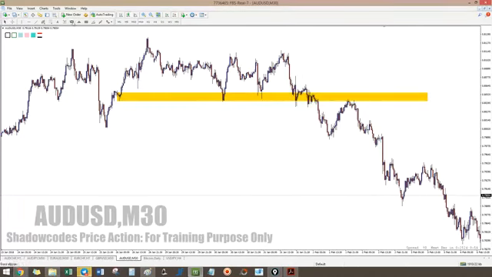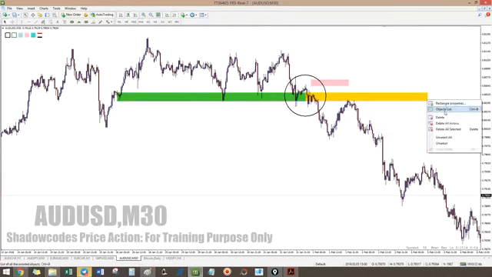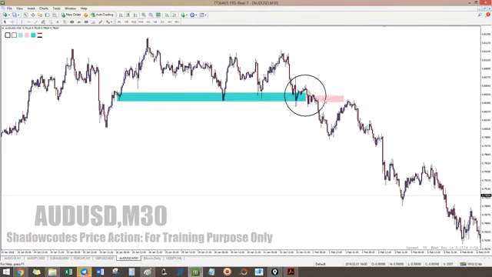Eventually, it gets broken. Over here, it is a demand, and then up to here, it becomes a supply.